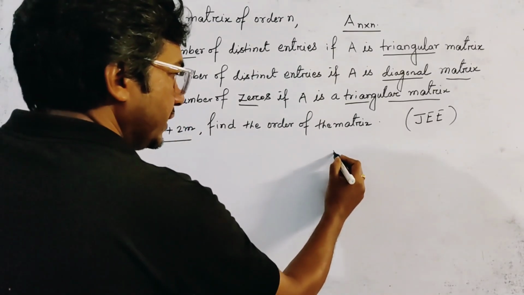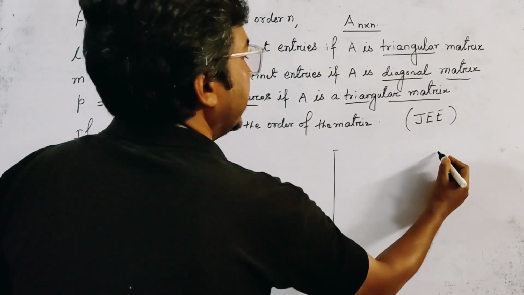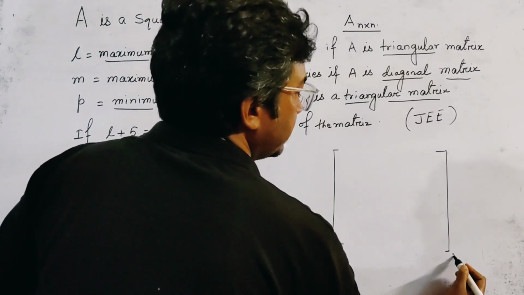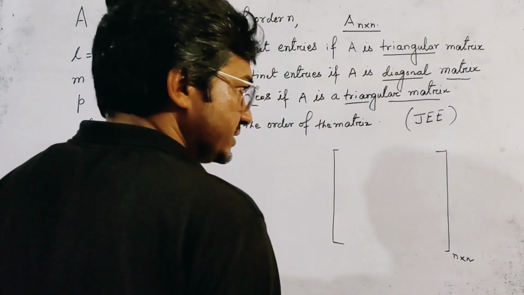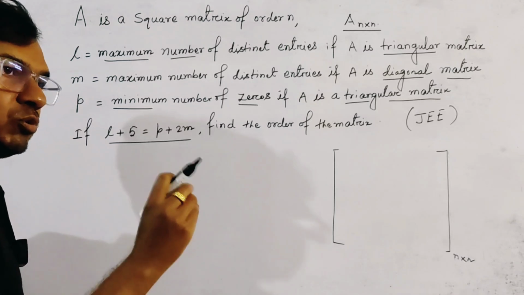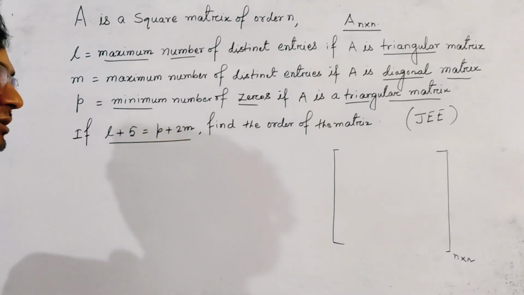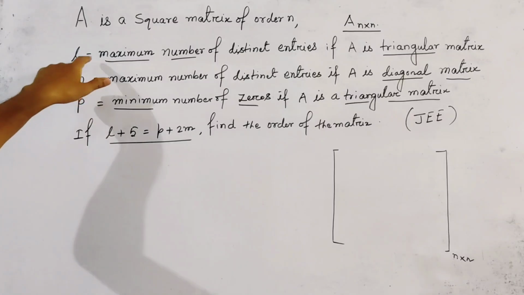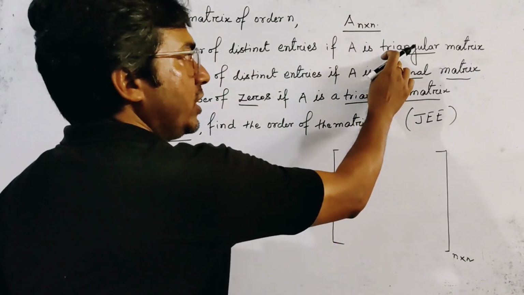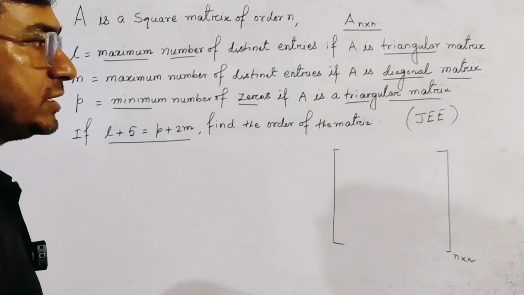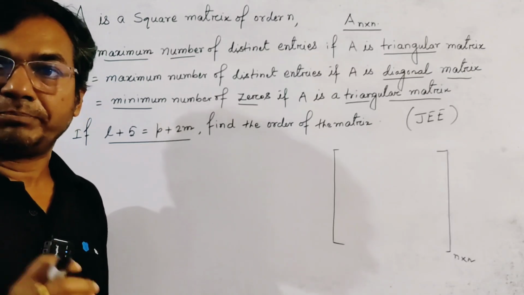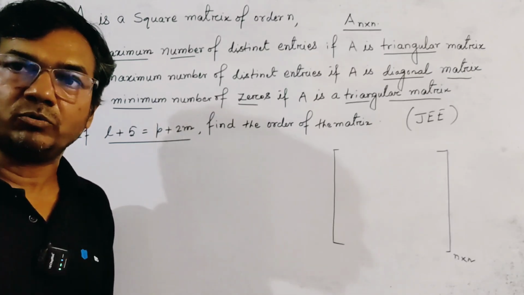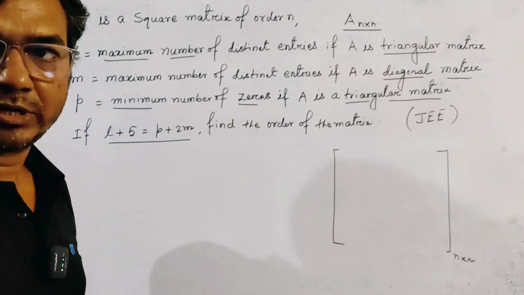If we consider a matrix like that, this is an n cross n matrix. That is, this matrix has n rows and n columns. And we start with L, where A is said to be a triangular matrix. We know that triangular matrices are of two types: it may be upper triangular or it may be lower triangular.